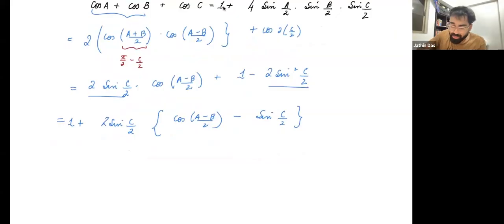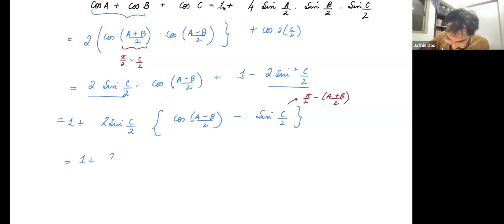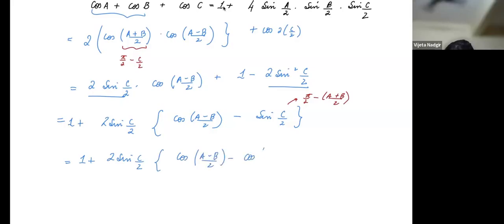Now you know sine c by 2 will be, because c by 2 is what? Pi by 2 minus a by 2 plus b by 2. So it will become as cos then. 1 plus 2 sine c by 2 will be cos of difference of two angles minus cos of sum of those angles.